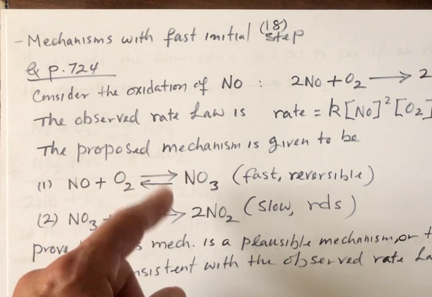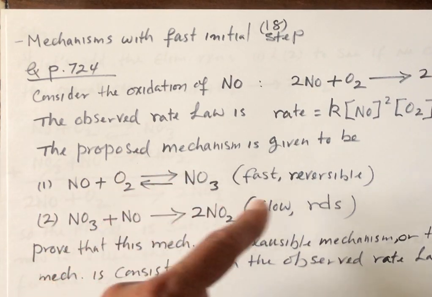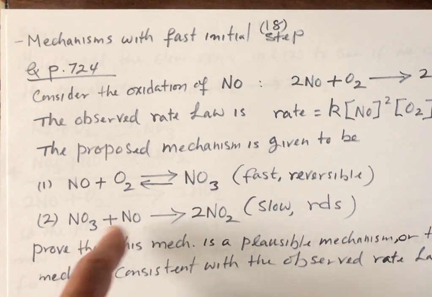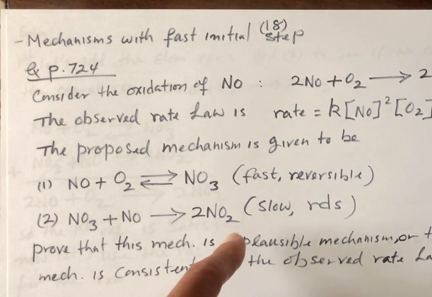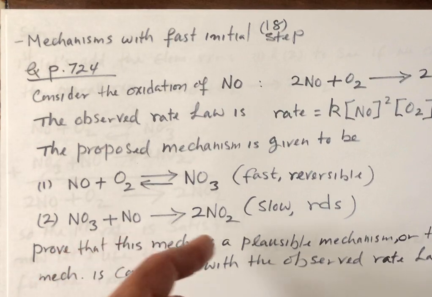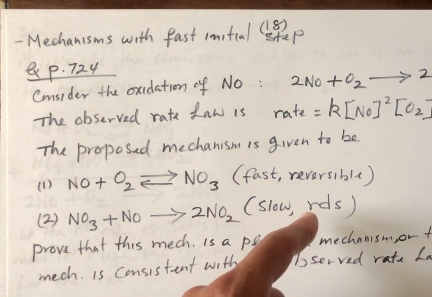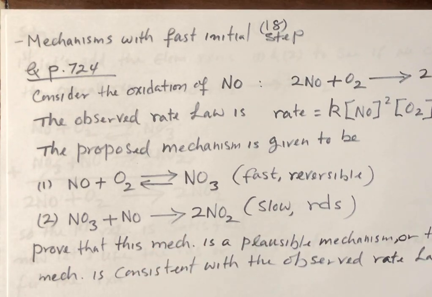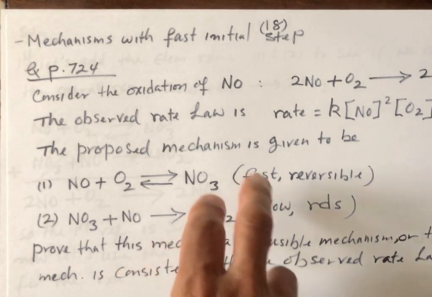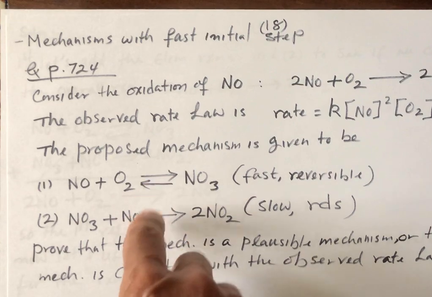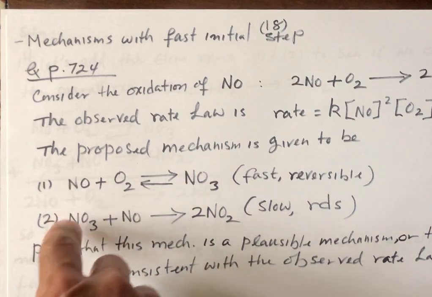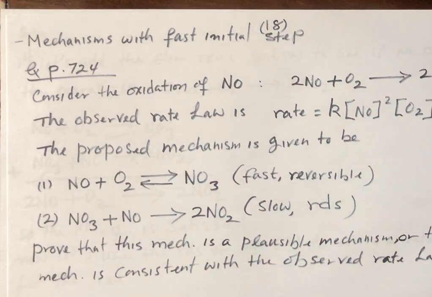That usually takes place at a faster pace. The second one is slow, and by definition it determines the overall rate of the reaction, so it's called the RDS, or rate determining step. Each step labeled 1 and 2 is an elementary reaction.